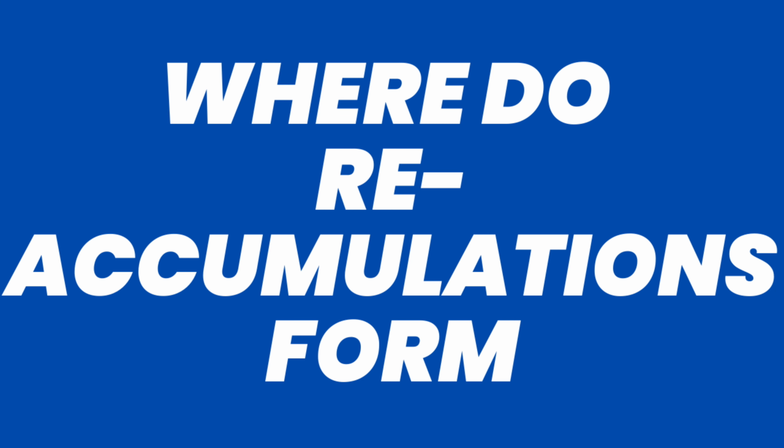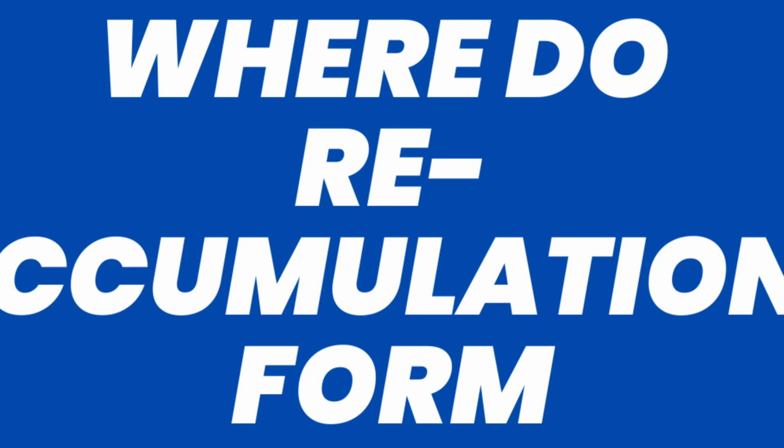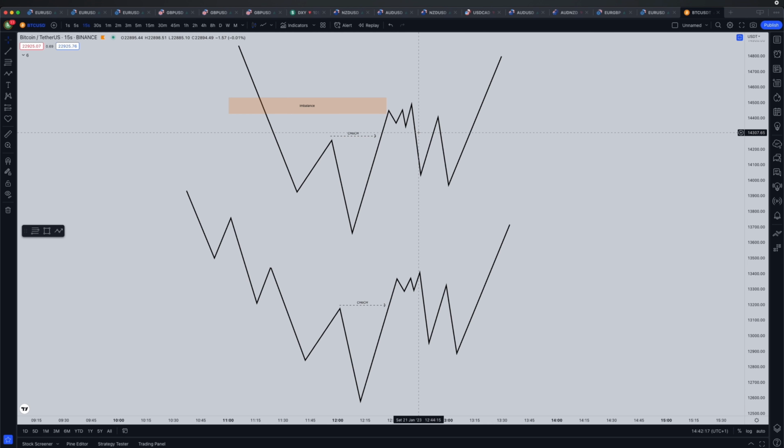Now we know where good distributions form, we can also look at where reaccumulations form, or where distributions form with a high likelihood to fail, because a failed distribution will turn into a reaccumulation. So first we have a distribution forming after we have a change of character to the upside, and we form inside of an imbalance, so we are not in the supply zone.